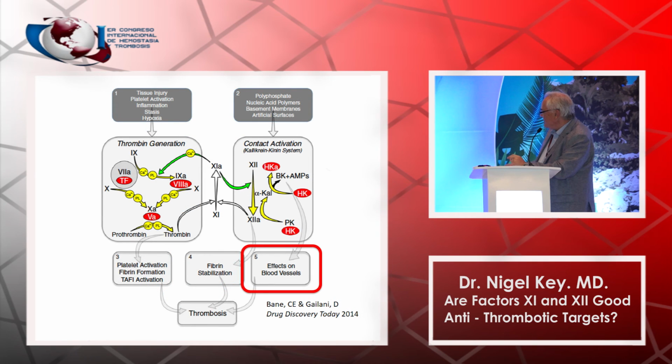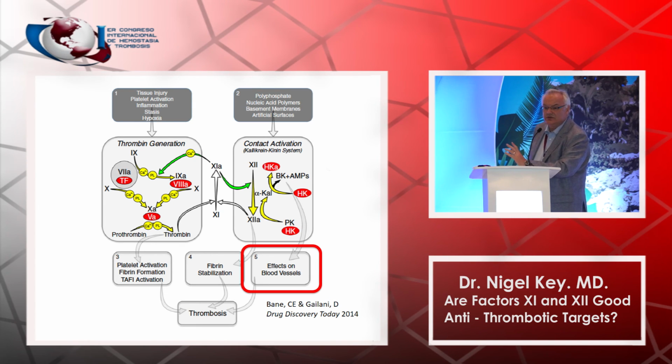So going back to our figure here, we've looked at fibrin stabilization. Now we're getting over here into the effects on blood vessels. And you can see that bradykinin is generated in large amounts in patients who have hereditary angioedema, who are lacking C1 esterase inhibitor and have factor 12 activation.